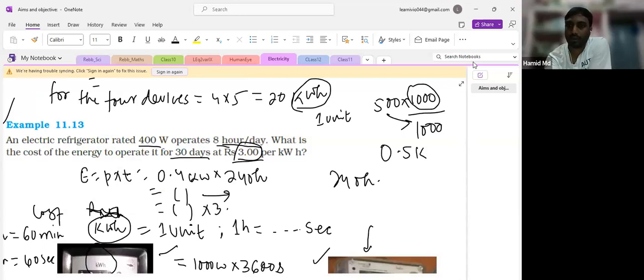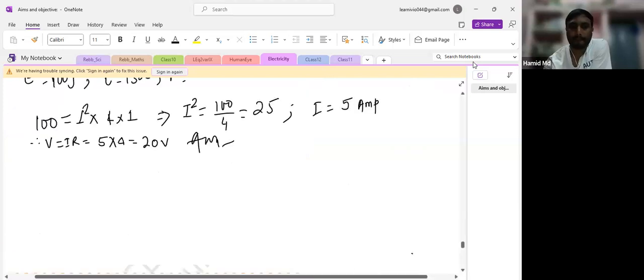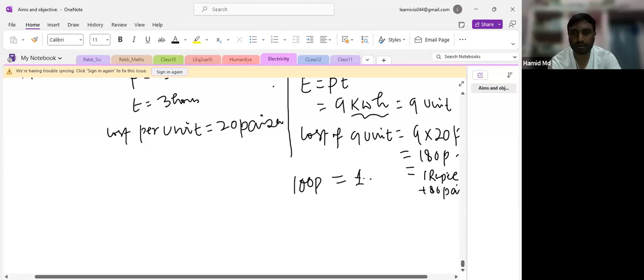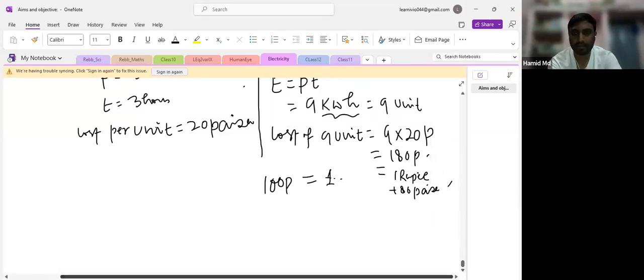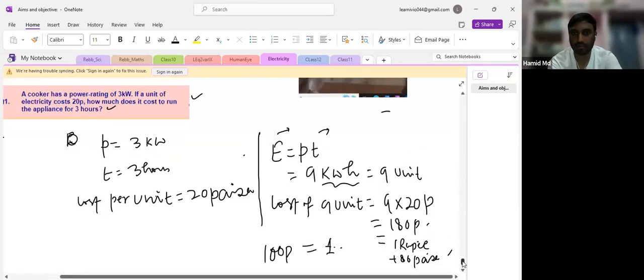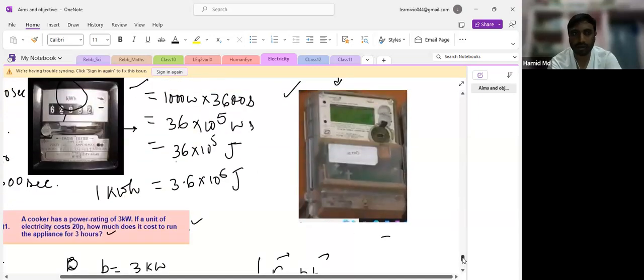Are you able to calculate the energy consumption at your home now? Can you read your electric meter and calculate the cost of the electricity? No one can do that, right? You guys are not able to do that.